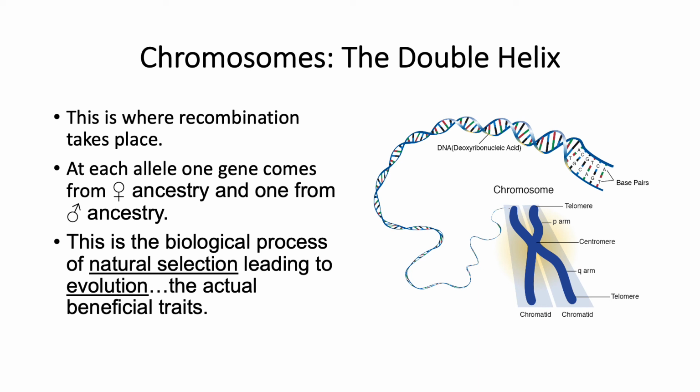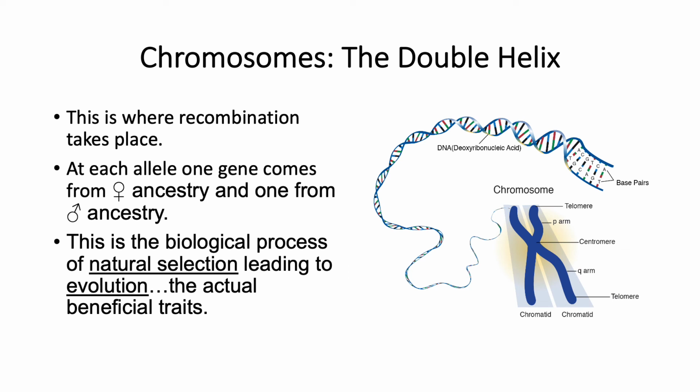And so this is actually natural selection leading to evolution at the cellular level, because it is the recombination of genetic ancestry from the mother's side of the family and ancestry from the father's side of the family with genes that are the most beneficial for whoever survived to procreate on either side of the family, passing that on to the newest offspring.